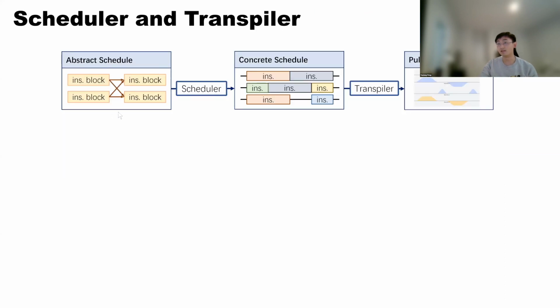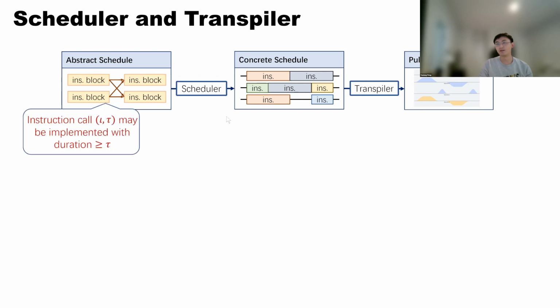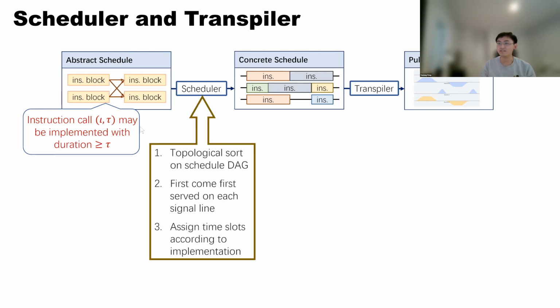We then send the generated schedule, which is a temporal relation between blocks of instruction calls, to schedulers and transpilers. Notice that there are some minor details here, since you have to describe things in temporal relations. We can use very simple steps like topological sort and a first-come-first-serve principle on each signal line for the scheduling process.